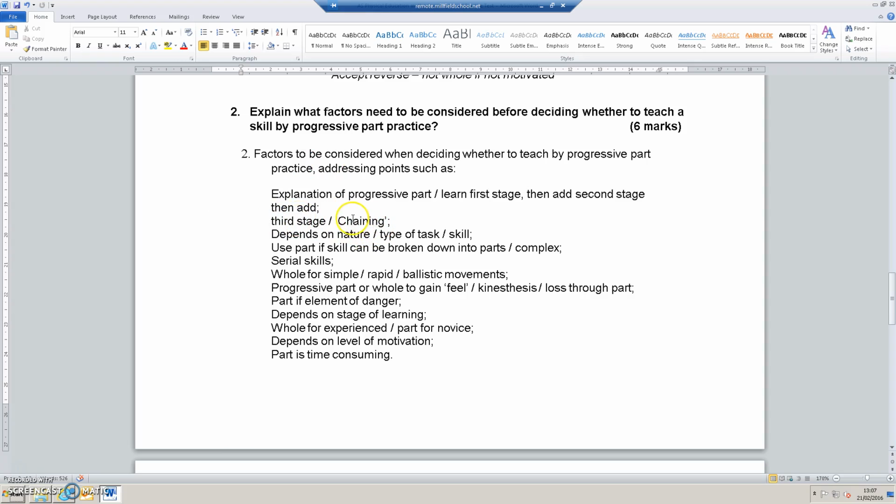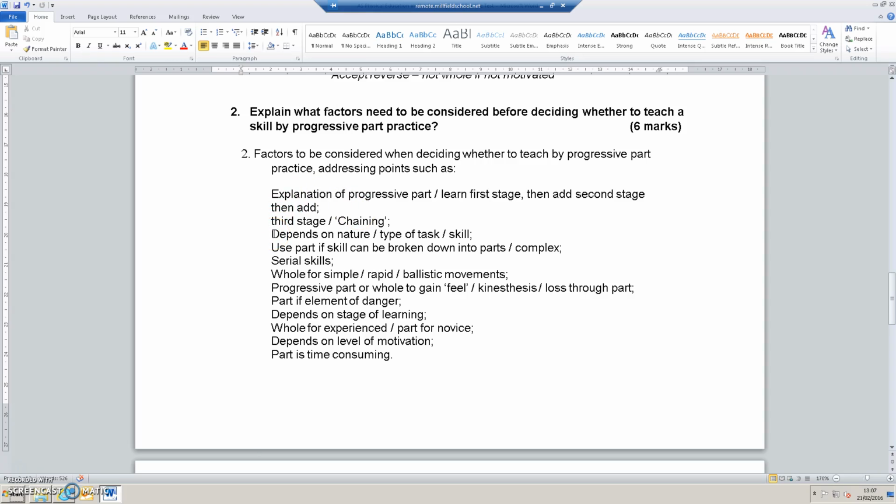And that, as you may remember from your classroom work, is called chaining, where we will do skill A or part of skill A, then skill B, and then put A, B together, and then we'll do C, and then we'll put A, B and C together, and then we'll do D, and then we'll put A, B, C, D together. That's exactly what part progressive practice is, and it's clear that you need to be able to show your understanding of what that means.